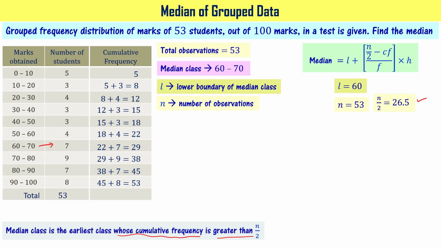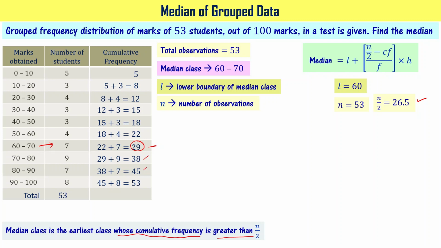So 29 is the earliest class whose cumulative frequency is greater than n by 2, meaning 26.5 is less than 29. In other words, 29 is the first number which is higher than 26.5. Other numbers are much bigger, right? The first number you see is 29.